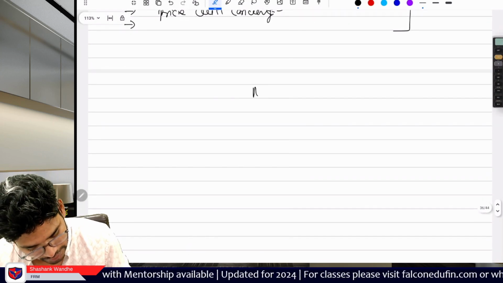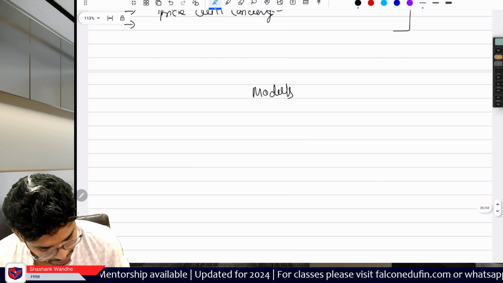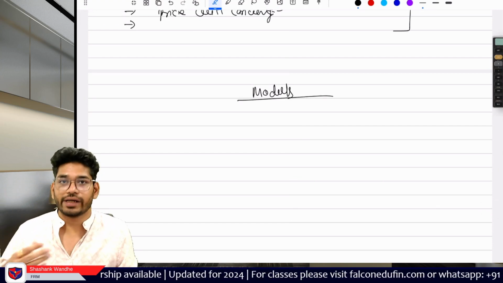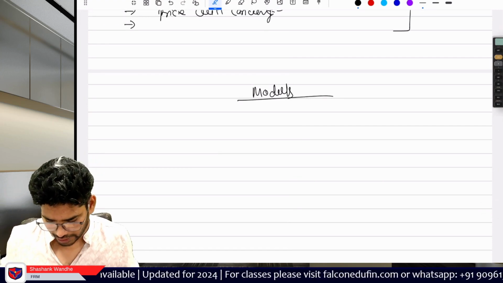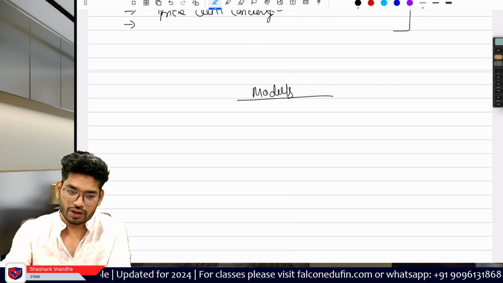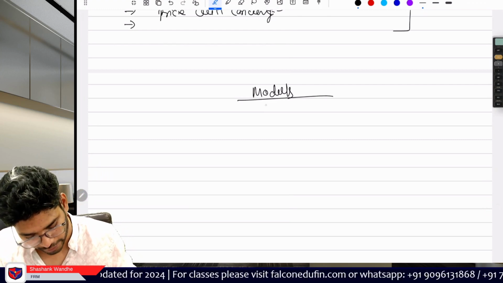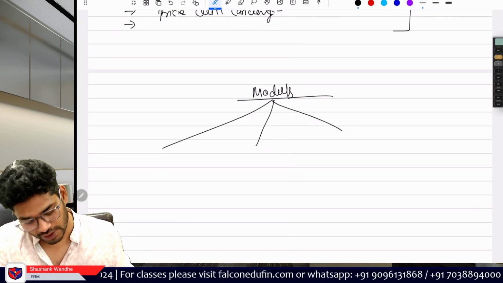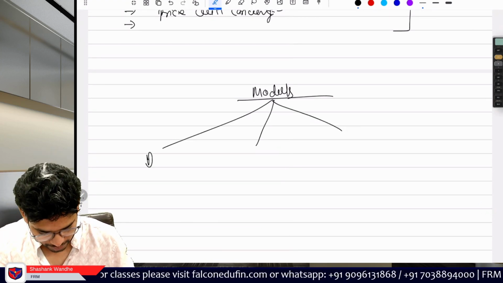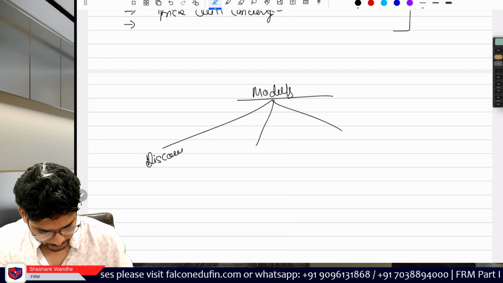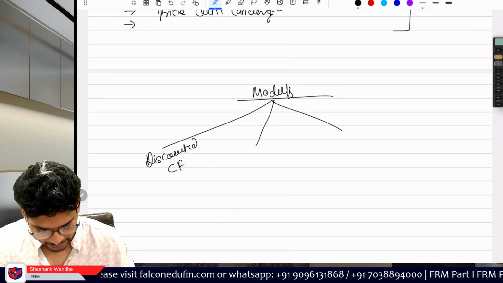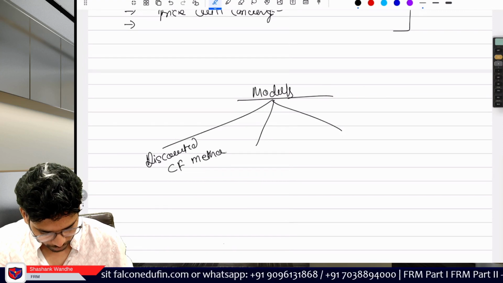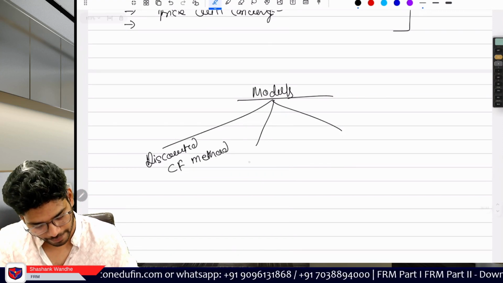Now we have the models of valuation. Here we have equity and also the preferred shares. Let's start with equity first, and there is a very short discussion on preferred. The first model is the discounted cash flow method, or simply the discounted cash flow model.